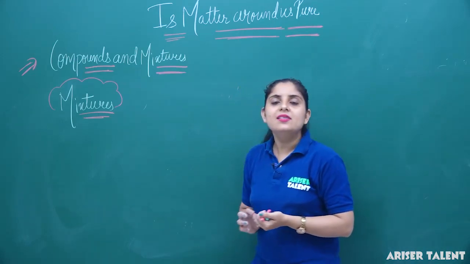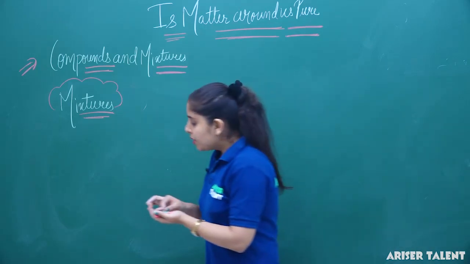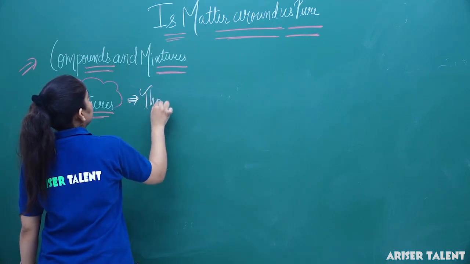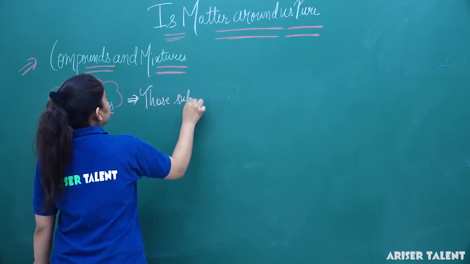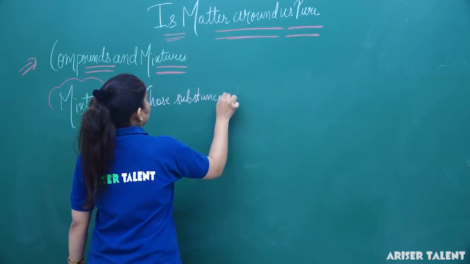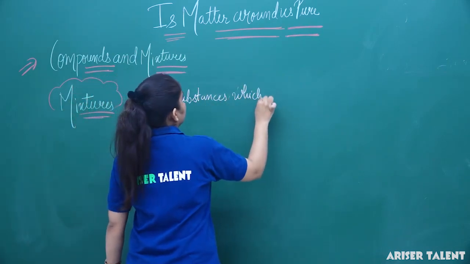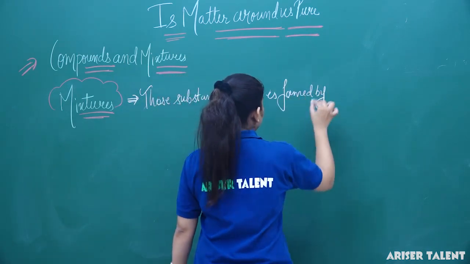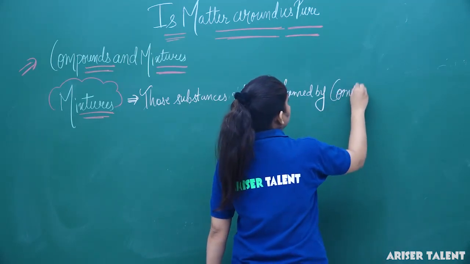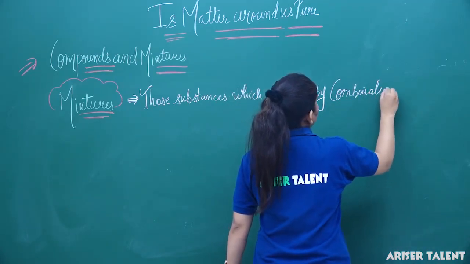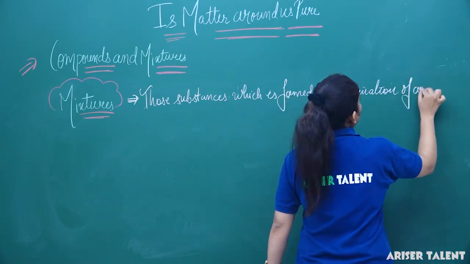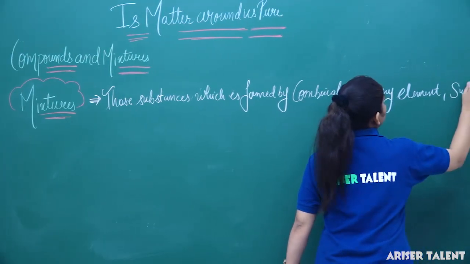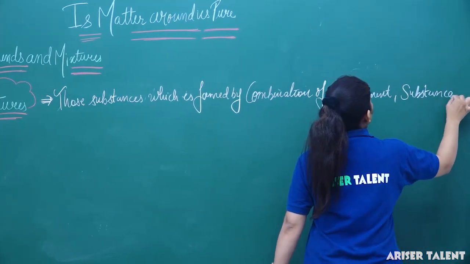So firstly, let us write the definition and example for mixture. So what are mixtures? Mixtures are those substances which are formed by the combination of any element, substance or any compound.